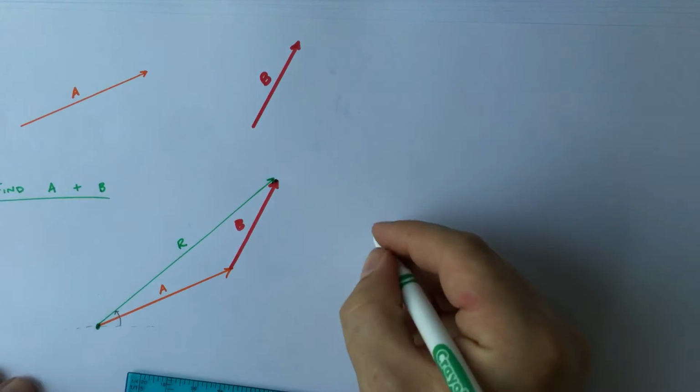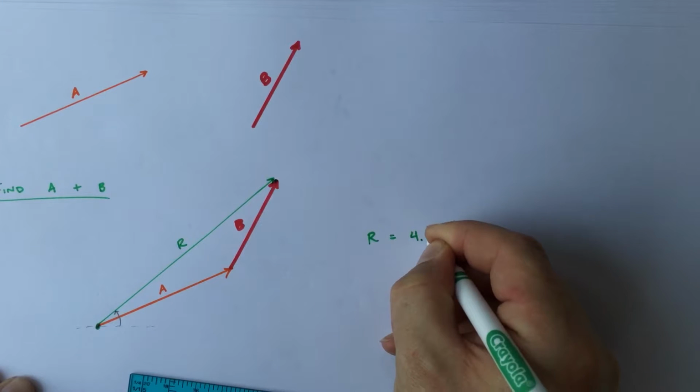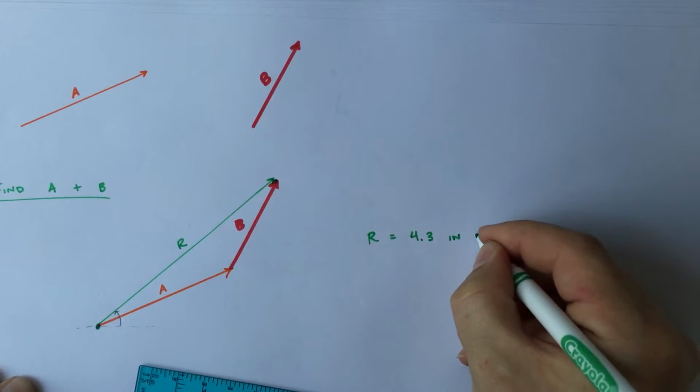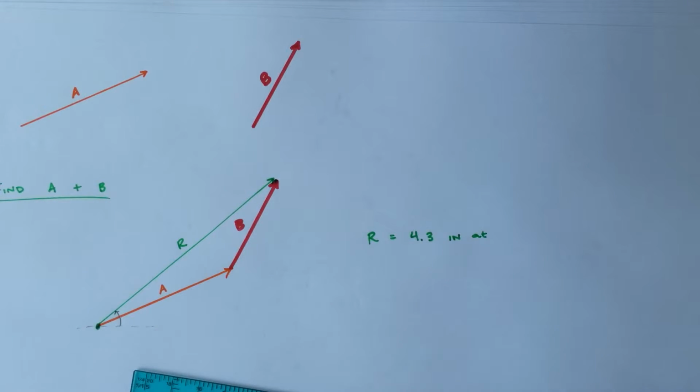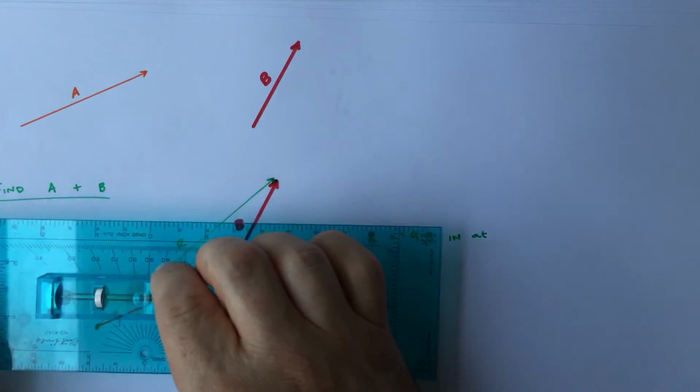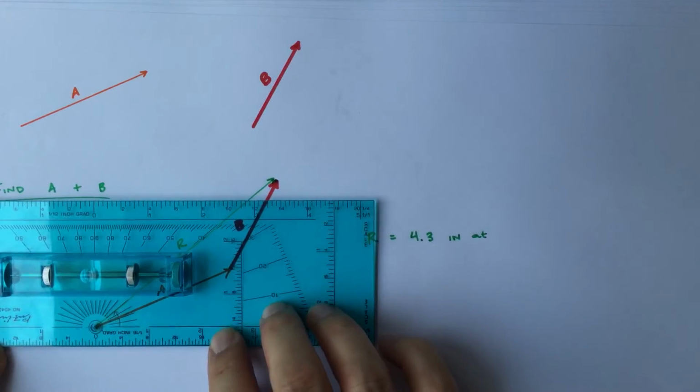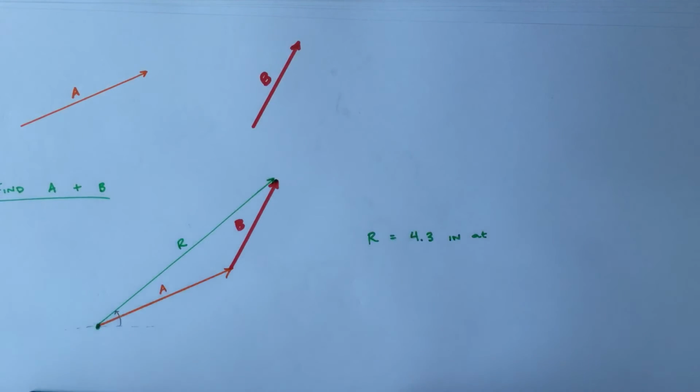So R equals 4.3 inches, and then I could measure this angle. Looks right at 40 degrees.